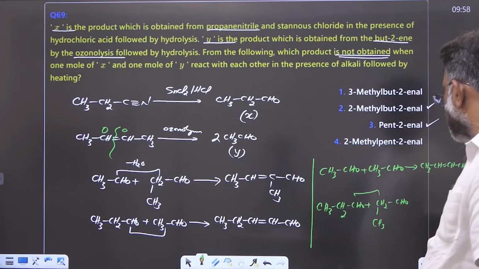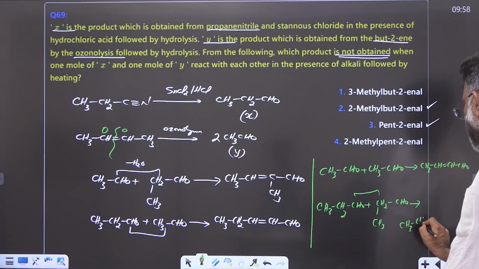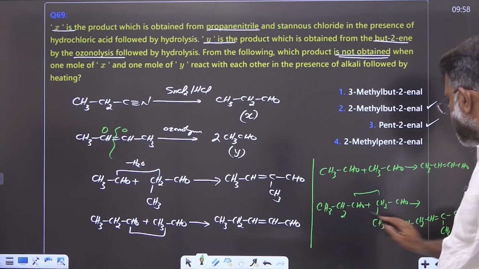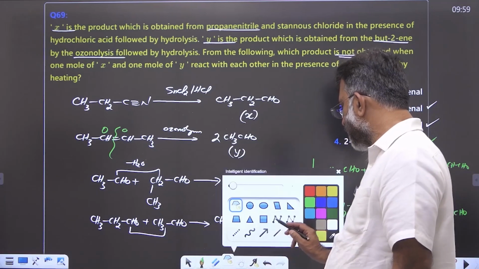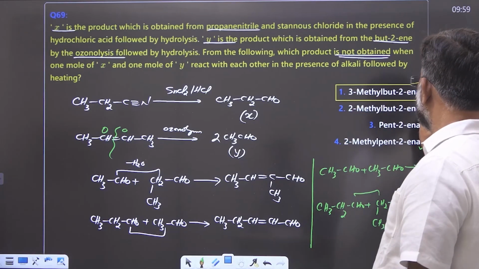Imagine it is condensing over here. What do you get? You get CH3CH2CH=C(CH3)CHO, that is 1, 2, 3, 4, 5, 2-methylpent-2-enal. This is possible. So definitely our answer should be the first choice. This will be the answer.